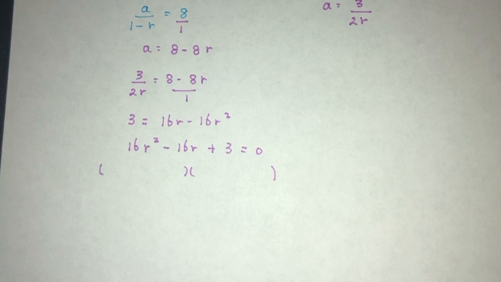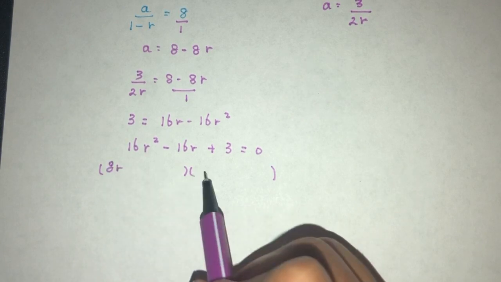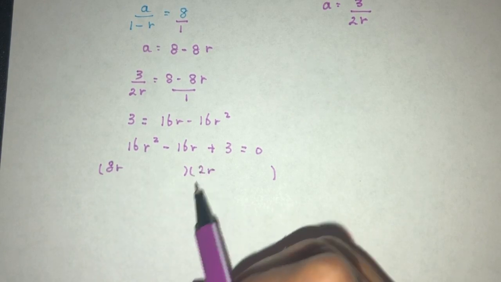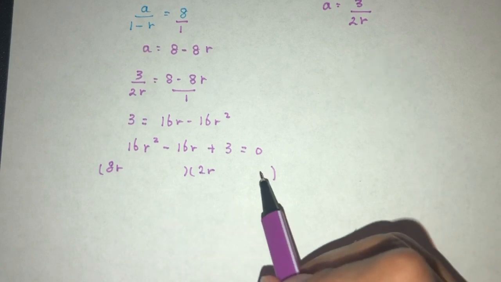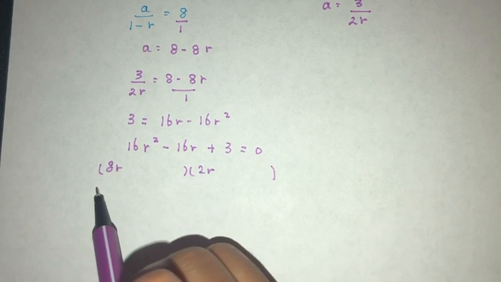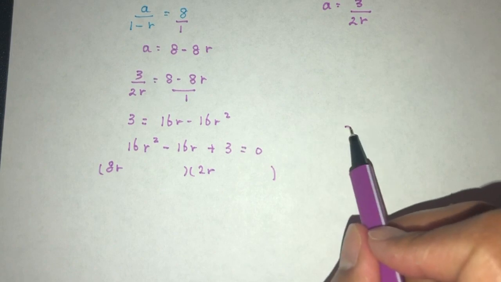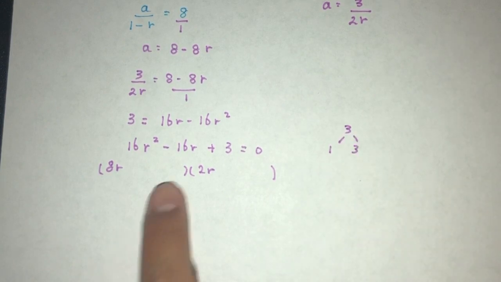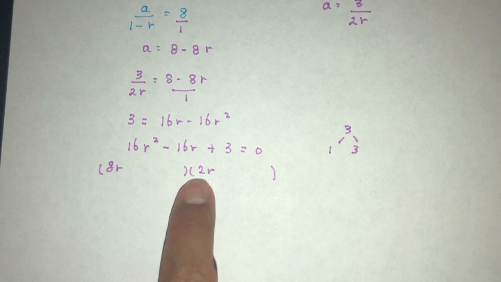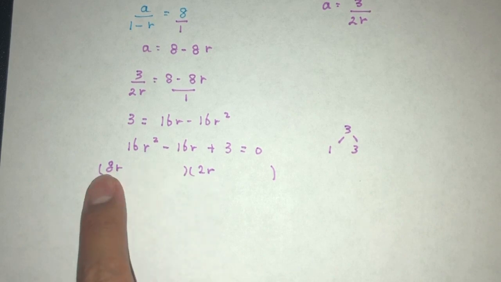So let me try one by one. Let's try 8r and 2r, and if I have 3 here, it won't be good. So let's try again. 3 is always 1 times 3. If I put 3 here, we have 3 times 2 is 6, which should not be good.